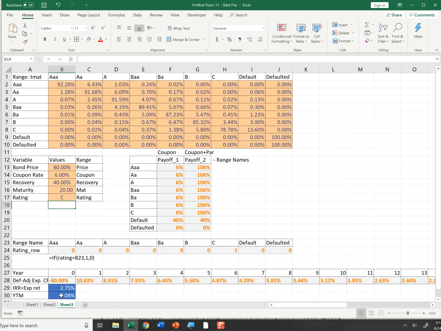Notice this bond has an 8% YTM, but the expected return of this bond is only 2.75% based on these cash flows prior to maturity, these cash flows at maturity, these probabilities, and that recovery rate. So this is the general model for calculating default adjusted bond returns.